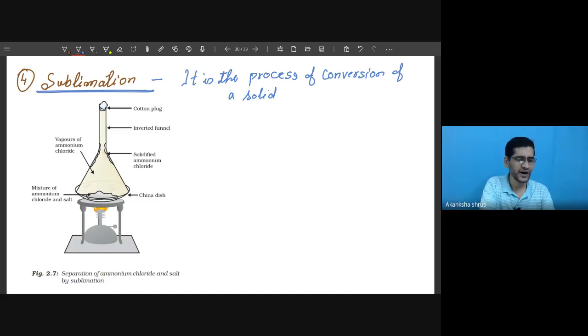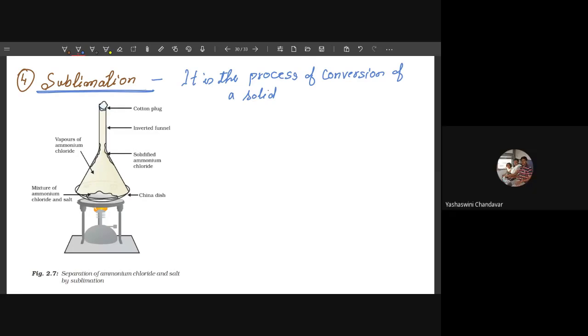So this method of conversion of a solid directly into vapor without going to liquid is called sublimation.